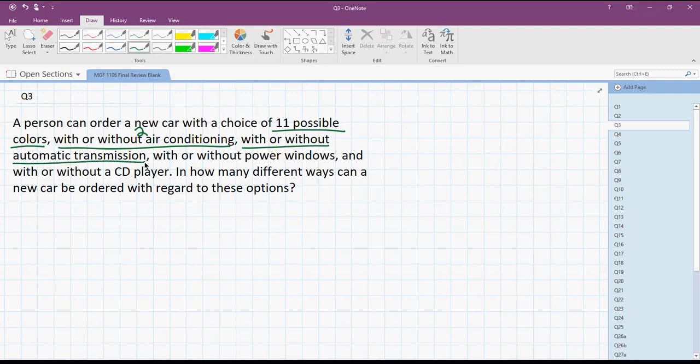With or without automatic transmission, so that's another 2 options. With or without power windows, again another 2 options. And with or without a CD player, so again that's another set of options. 176.